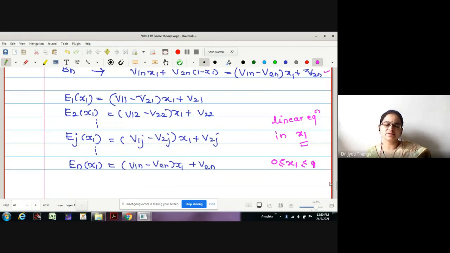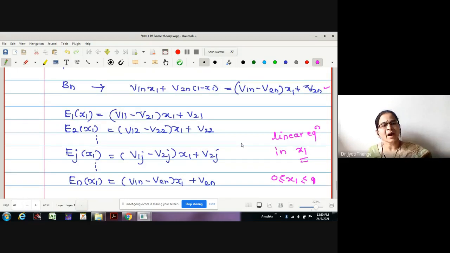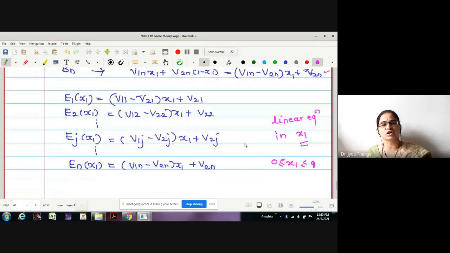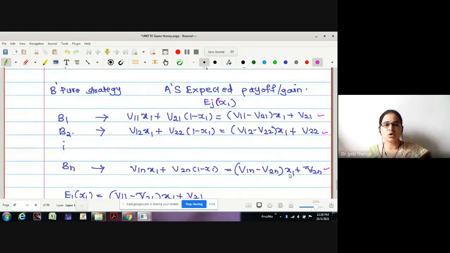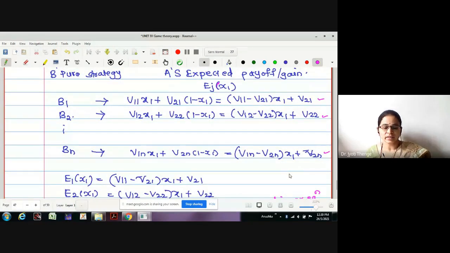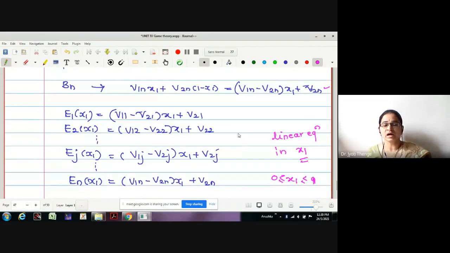Knowing this fact, mathematicians at that time thought, why not represent all those lines on graph paper between the two lines x1 equal to 0 and x1 equal to 1. Therefore, those linear equations are going to be plotted on graph paper between two axes, x1 equal to 0 and x1 equal to 1.